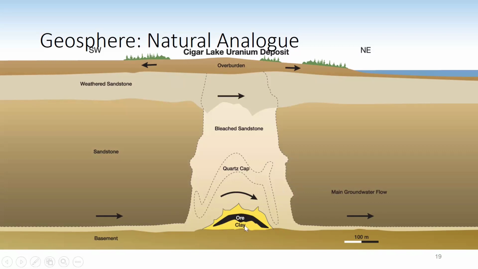One of the reasons why this uranium was able to concentrate so heavily in this area. It's an example of how the geology creates the hydrogeological conditions conducive to maintaining the uranium.